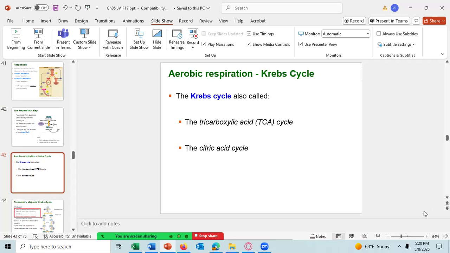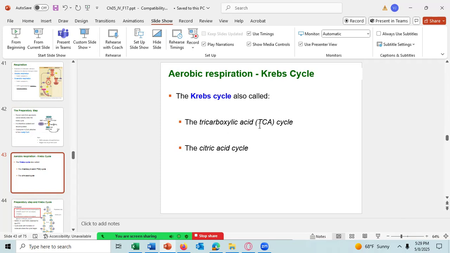So the next step is the Krebs cycle. The Krebs cycle is also called the tricarboxylic acid cycle because there's a lot of tricarboxylic acids in it. This just means 3 carbon acids. It's also called the citric acid cycle because citric acid is the first tricarboxylic acid in the Krebs cycle.